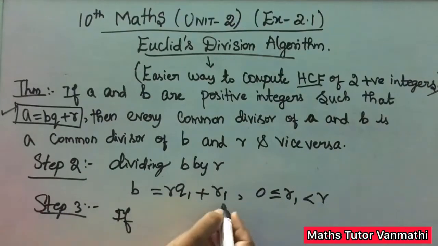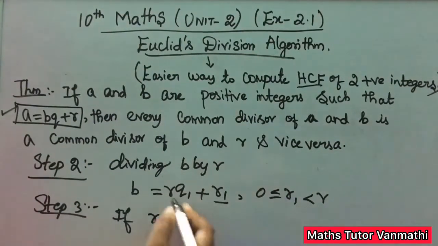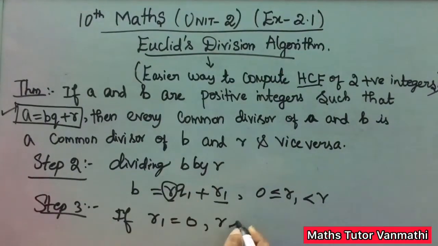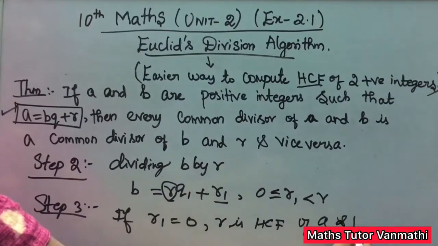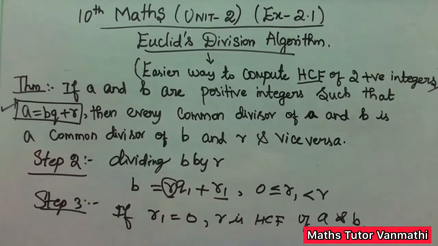If this R1 equals 0, then we can say this R is the highest common factor of A and B. Clear? This is your step 3. Next, step 4. Step 4 is otherwise using Euclid's division lemma, repeat the process until we get the remainder 0.